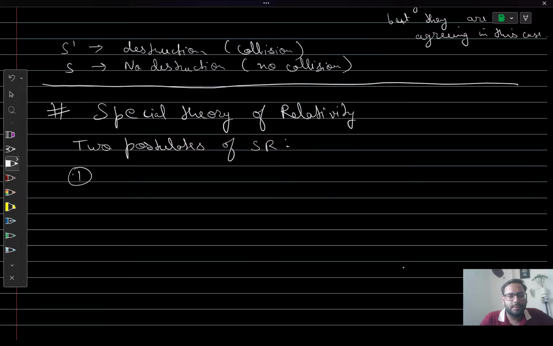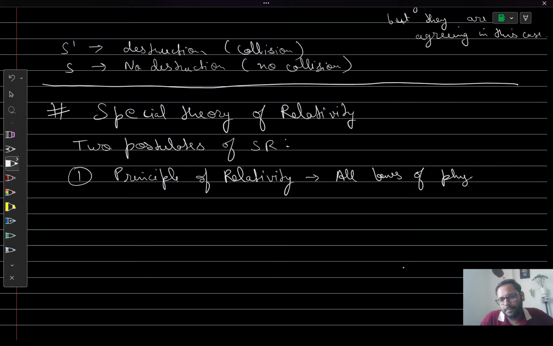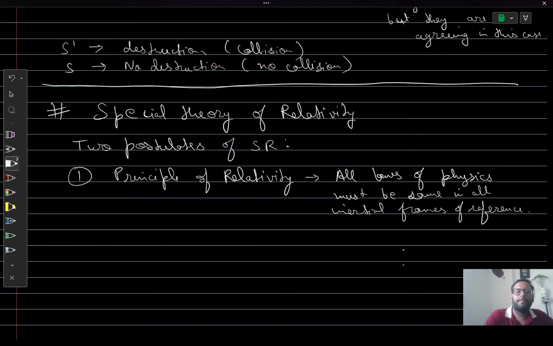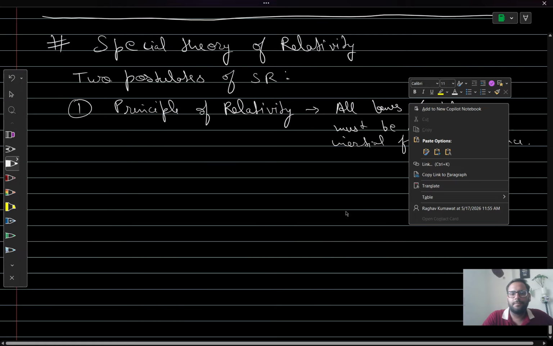The first is the principle of relativity: all laws of physics must be the same in all inertial frames of reference. This is my first postulate of SR.